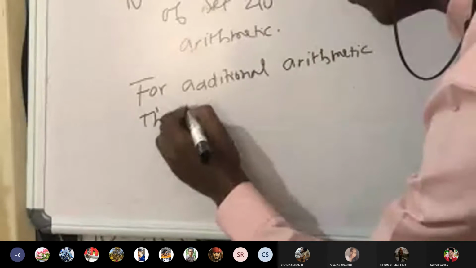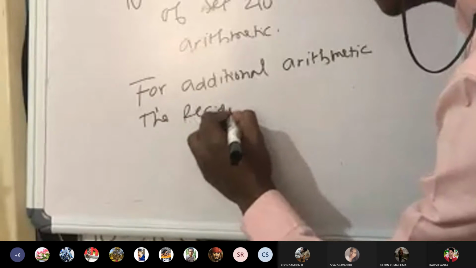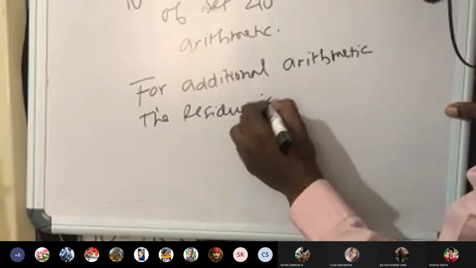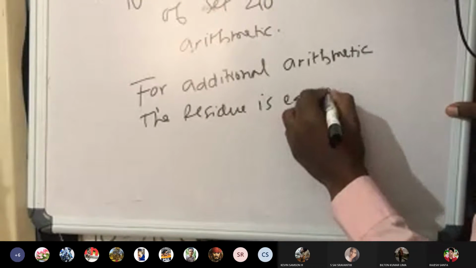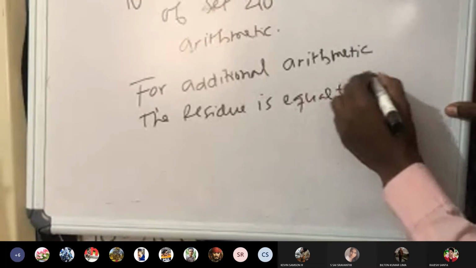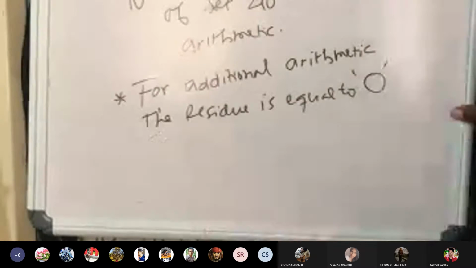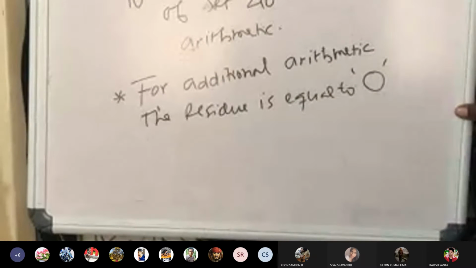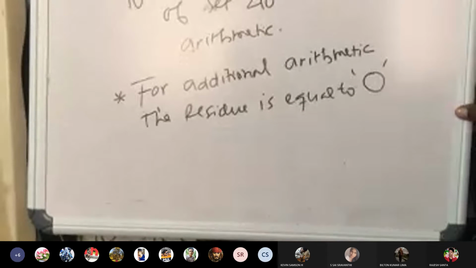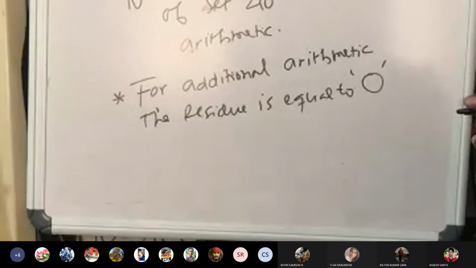The additive arithmetic inverse, the residue is equal to 0, for addition. Keep in mind we are looking at the additive and multiplicative inverse.